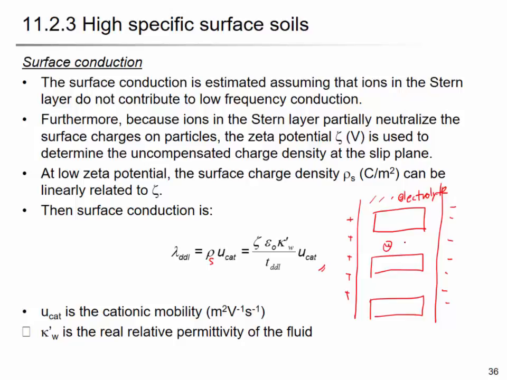So you have many cations and anions that can move, right? And you have a surface conduction that contributes to the sigma. So then this can be idealized to the parallel series, right? The parallel model.